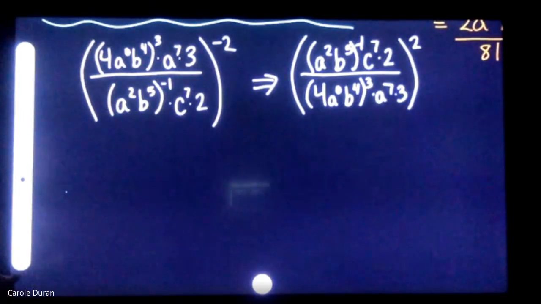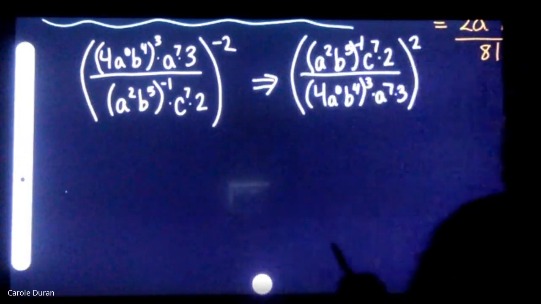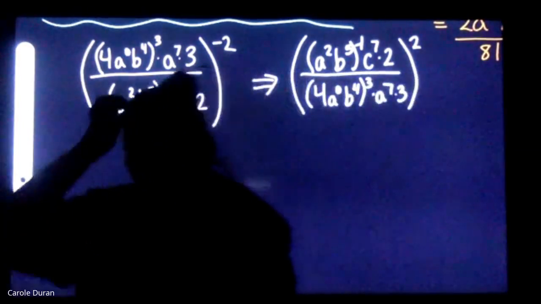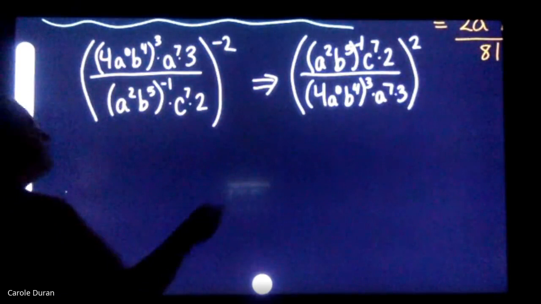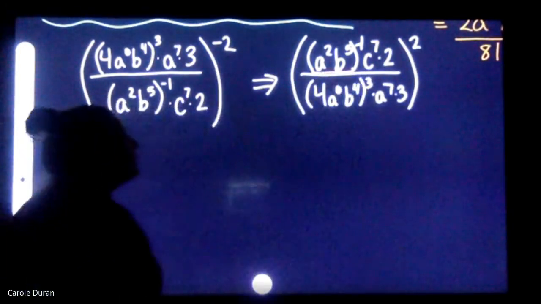And then we're going to do what Devin said, which is to simplify inside of the smaller parentheses first, and then simplify our numerator and denominator individually, and then across. So in that new numerator, there's nothing inside of that parentheses that I can put together.